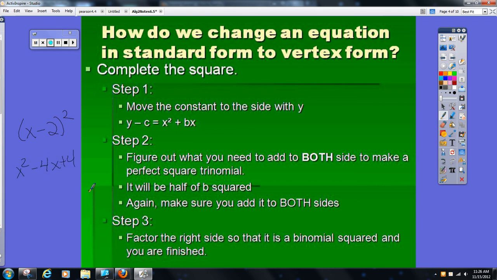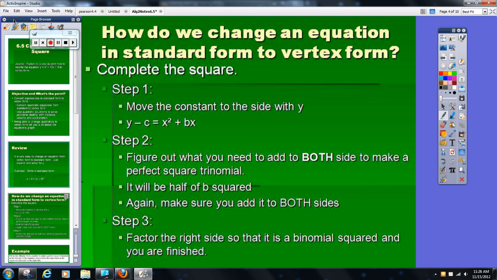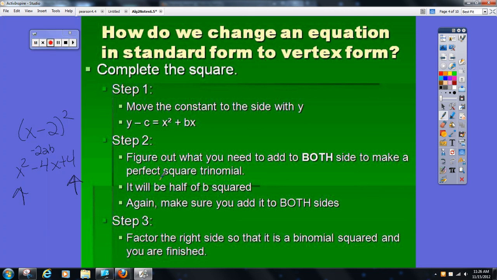Perfect square trinomials have a couple characteristics. The first term is a square, the second term is a perfect square, and the middle term is negative 2ab. It's half of the product of this and this. So basically what we do is we're going to figure out what we need to add here, the C term, to make this work out.